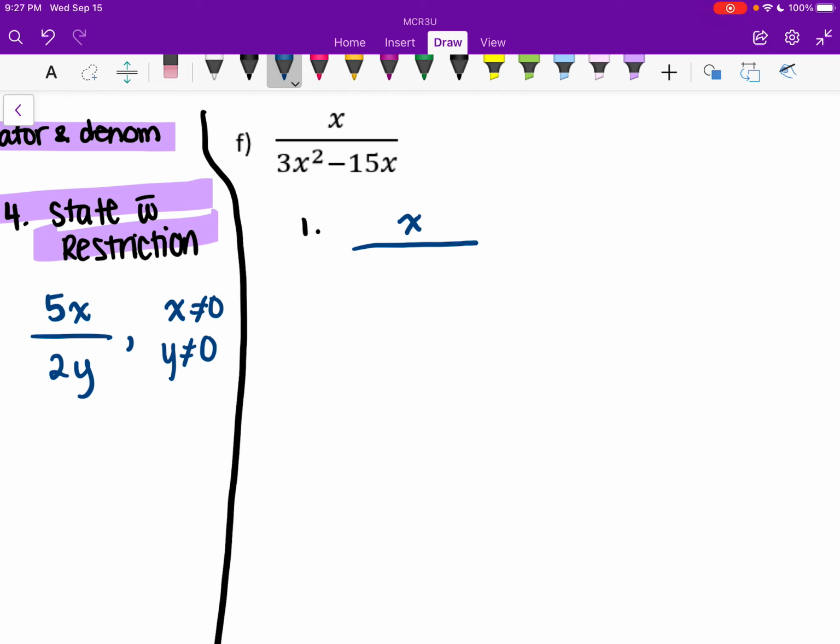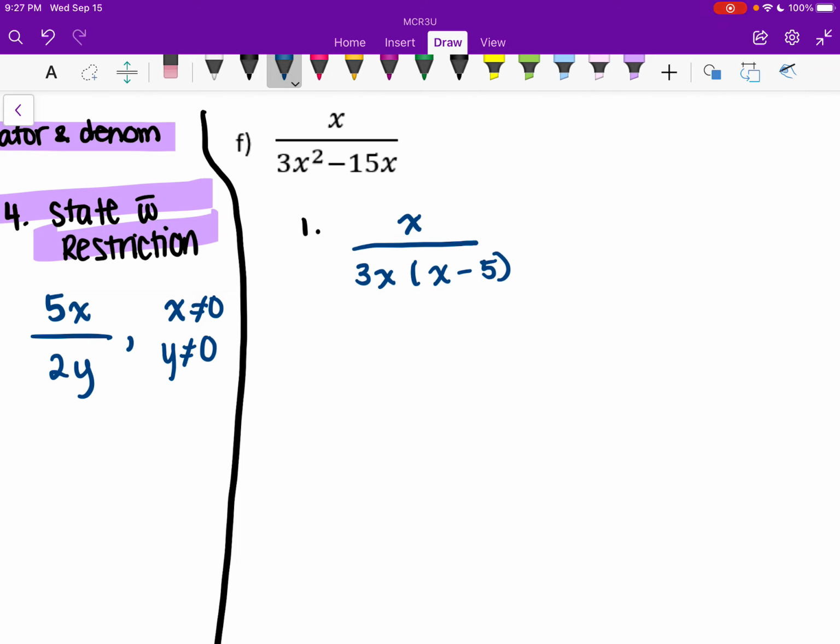We know that we can pull out from this bottom here, the greatest common factor is going to be 3x, right? And this is why factoring is so important and why we went over and we learned it. So 3x is what we're factoring out here. That leaves me with x minus 5, right? So let's go over that.